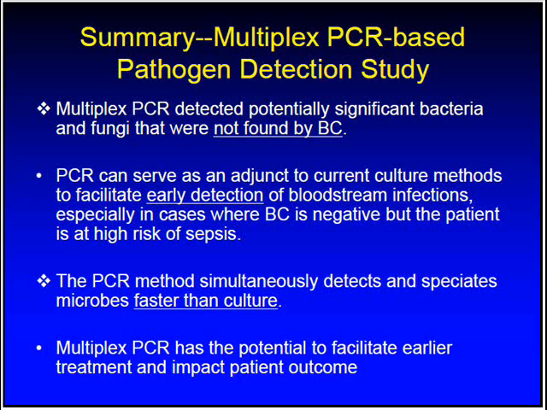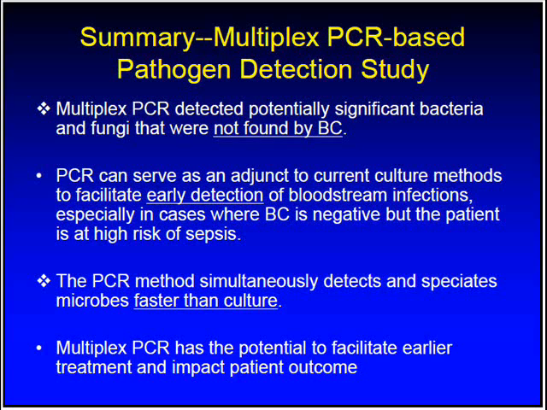PCR can serve as an adjunct to current culture methods to facilitate early detection of bloodstream infections, especially in cases where blood culture is negative but the patient is at high risk of sepsis. The PCR method simultaneously detects and speciates microbes faster than culture. Multiplex PCR has the potential to facilitate earlier treatment and impact patient outcome.